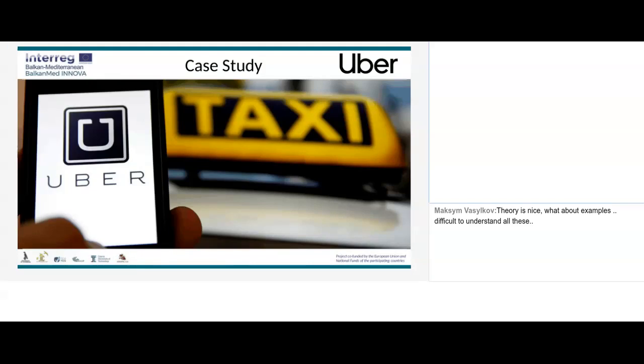Okay, Maxime, thank you for addressing this. The examples are what we are going to discuss in the second part of the webinar, which is basically we are going to take the case study of Uber, and we are going to see how Uber's business model underlies with the business model canvas framework.